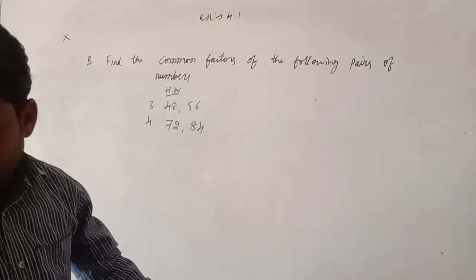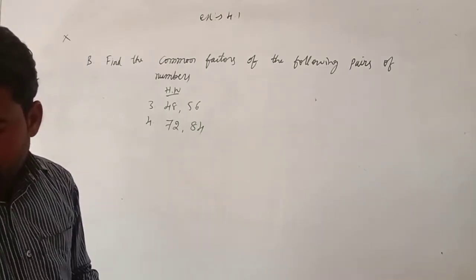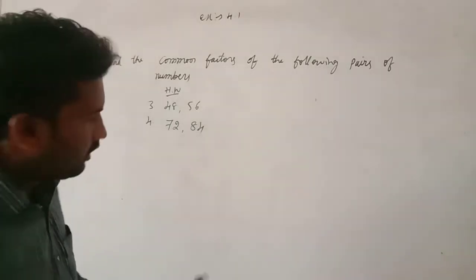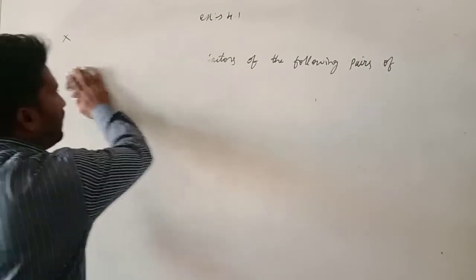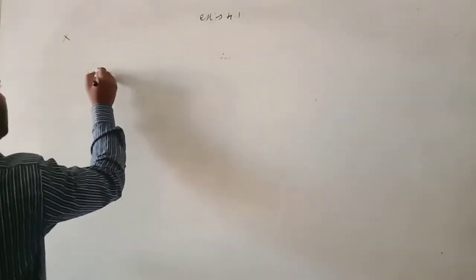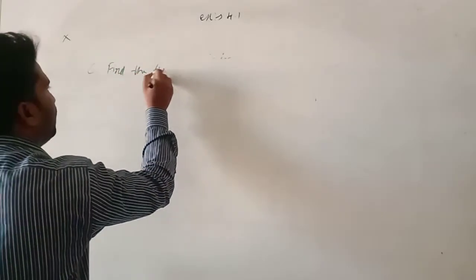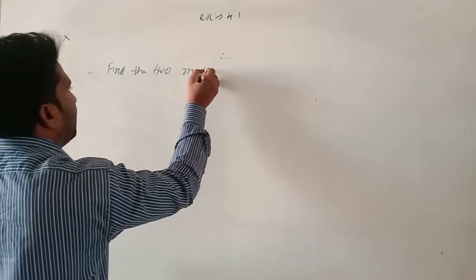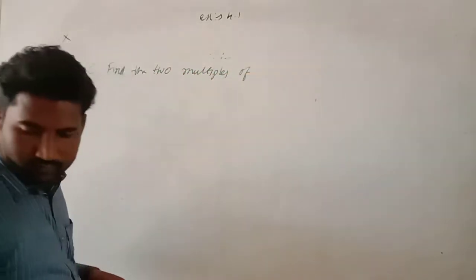So next, third one. Find the two common multiples of the following pairs of numbers. That is the C question.